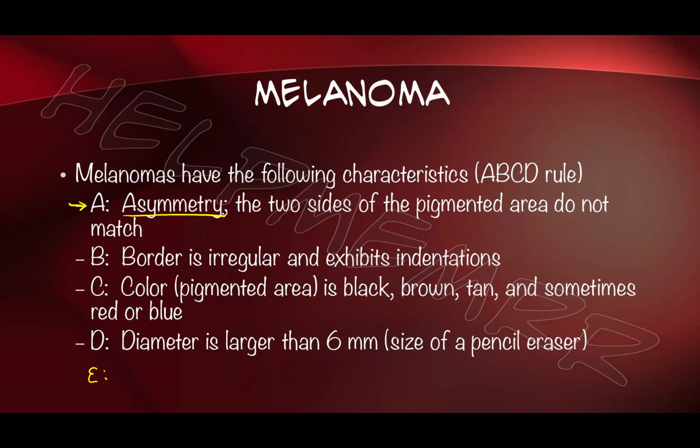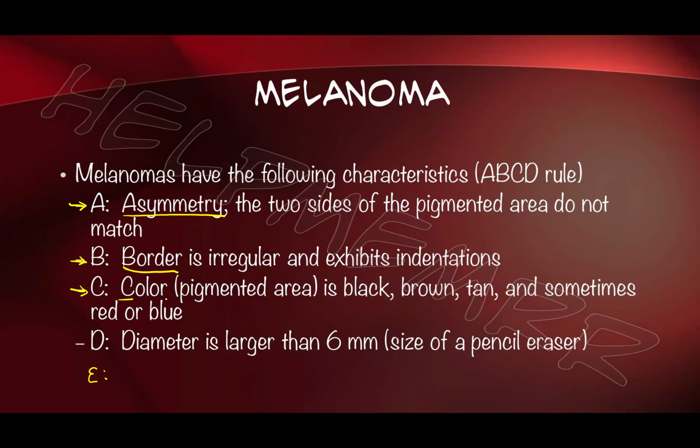If you're looking at a mole or a growth and the two sides are not matching, that is something that you want to get checked out. The B is border. If that border is irregular, it has indentations, it has this weird kind of look to it, you're going to want to get that checked out.